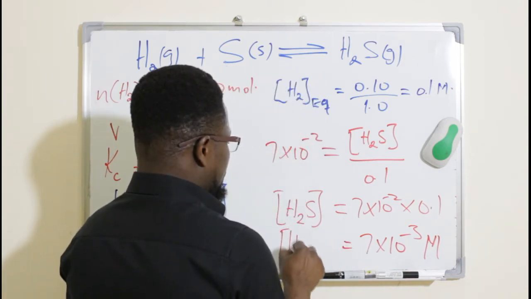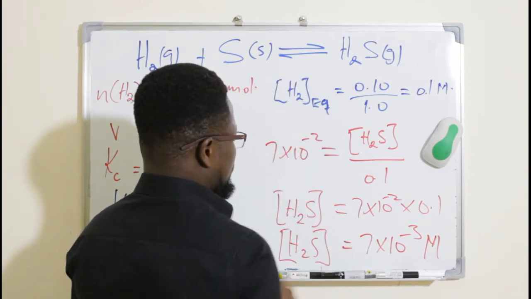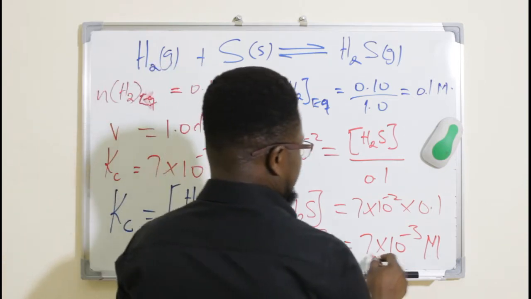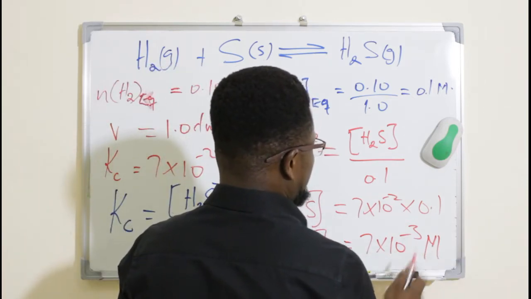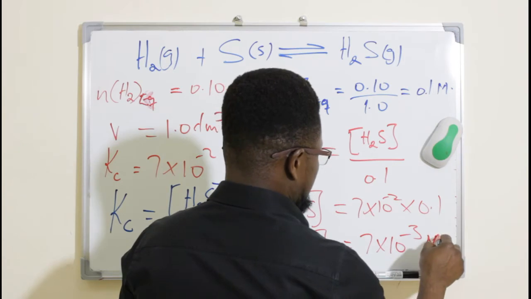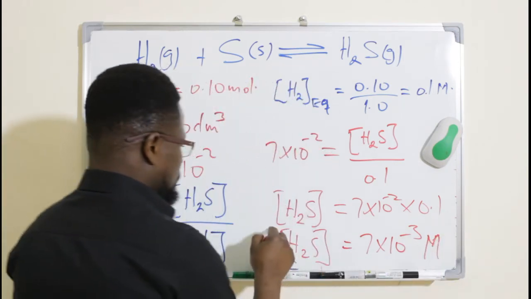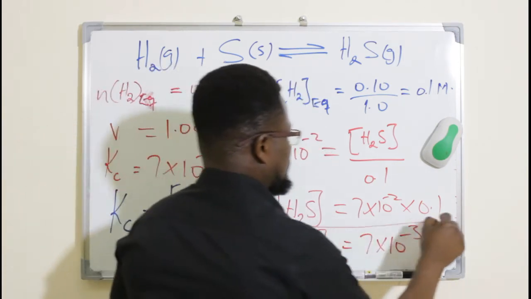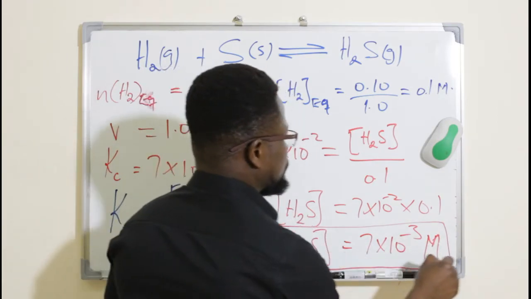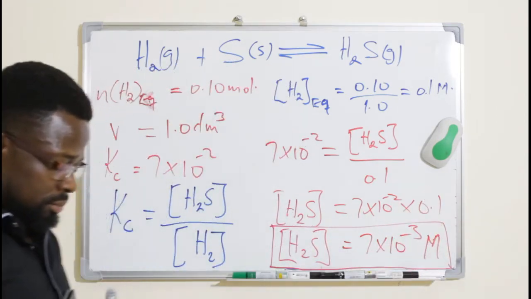So the concentration of the H2S is now given as 7 times 10 to the power negative 3 molar concentration. Right, so that becomes the answer to that particular problem.